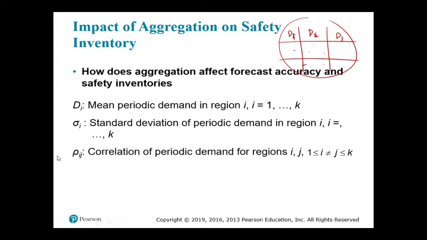We know the mean demand and the standard deviation of demand for each region. And there's a possibility that these demands are correlated. Demand increase in Detroit could imply also a demand increase in Dearborn.